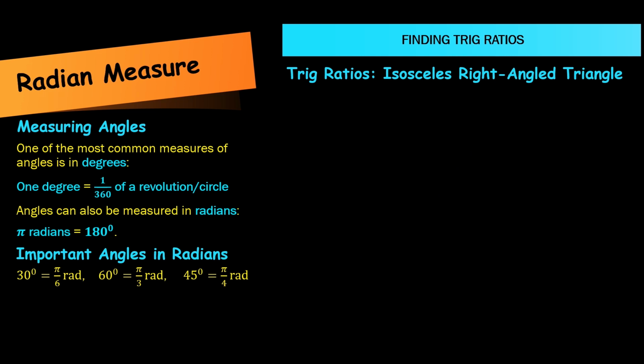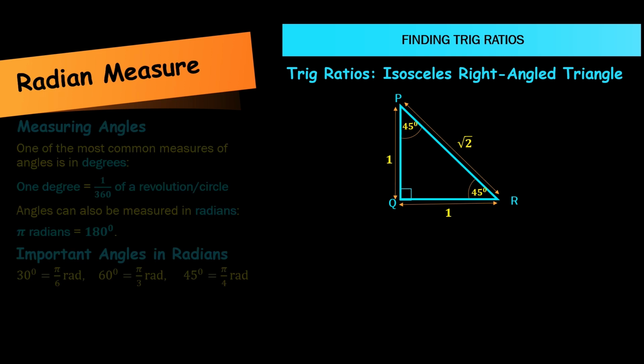In order to tackle part C, we're going to use an isosceles right-angled triangle, as shown on your screen. In particular, we're going to use the formula for sine, since we're required to find sine 45 degrees.